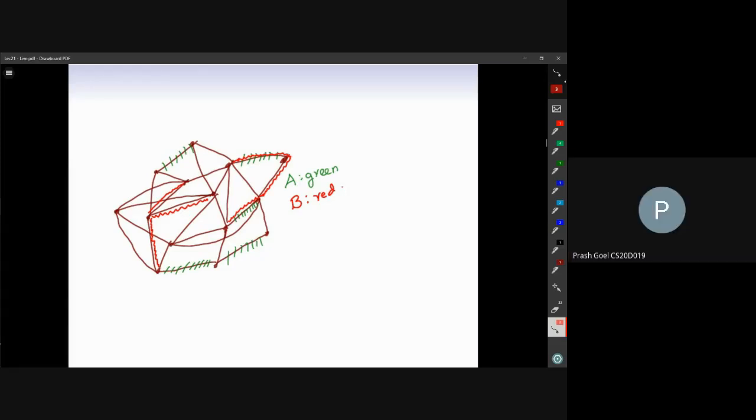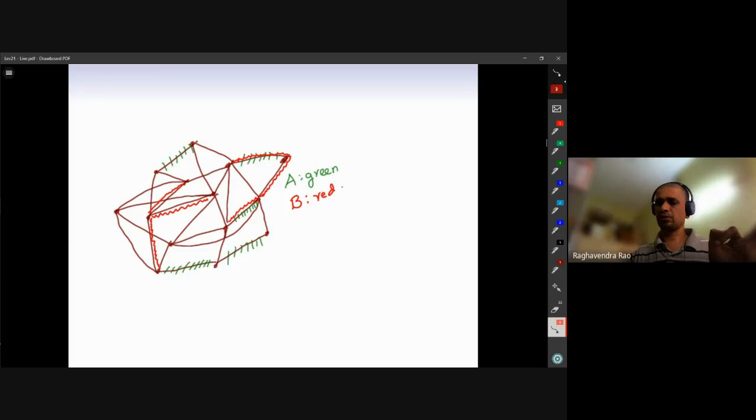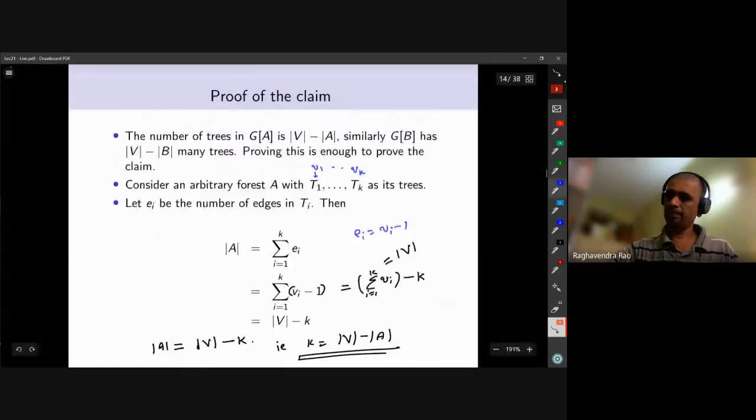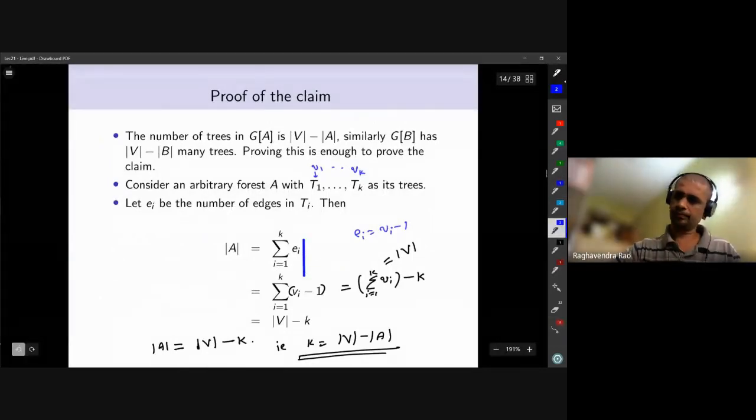Okay, sir. So maybe I'll just write a clarification here. Any n vertex tree has n-1 edges.